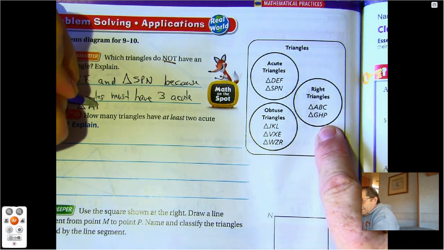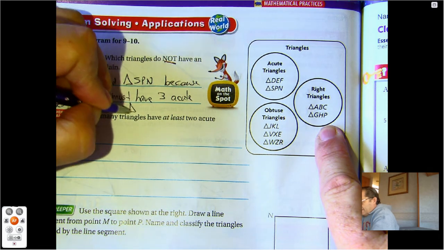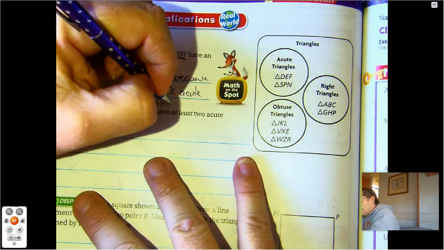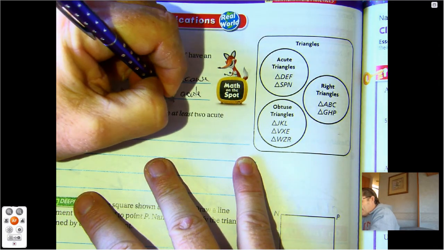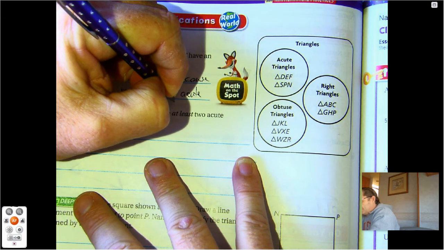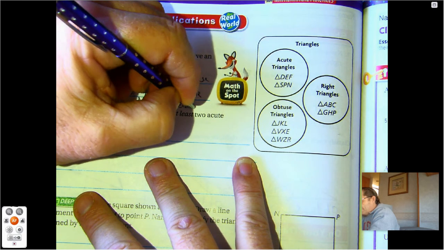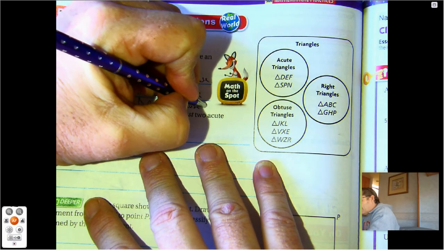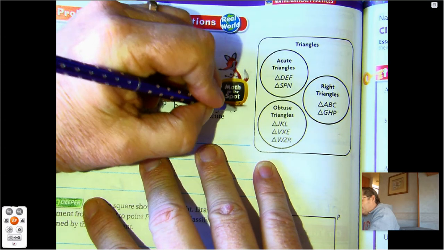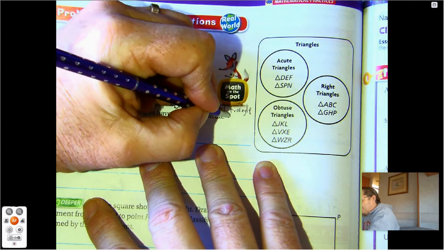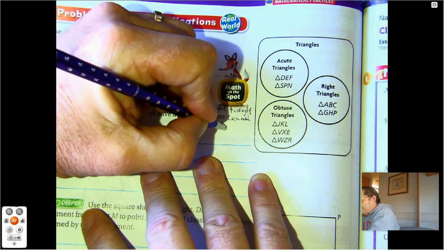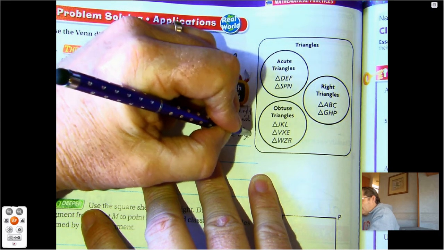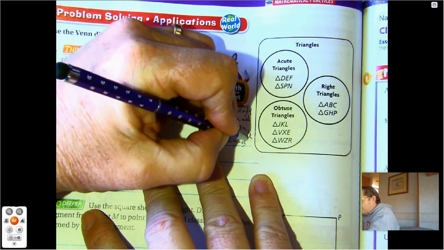Triangle ABC and triangle GHP, because a right triangle cannot have an obtuse angle and a right angle.